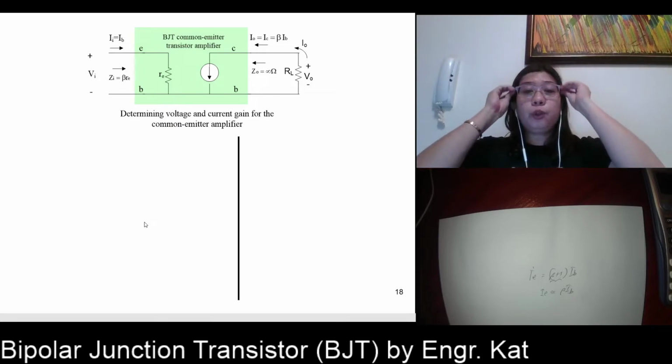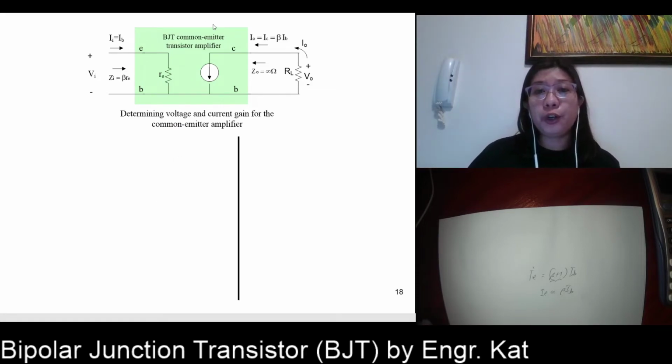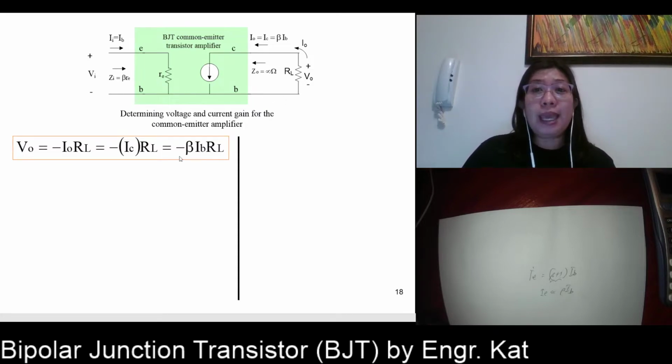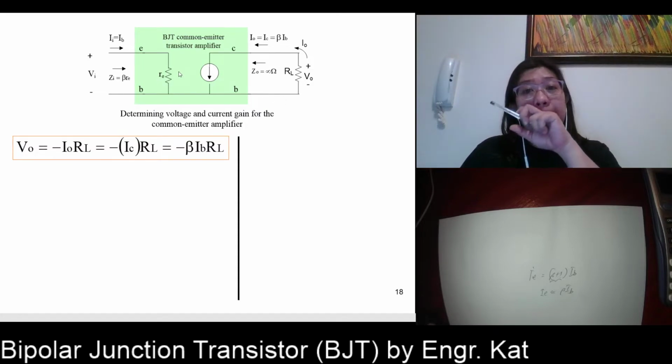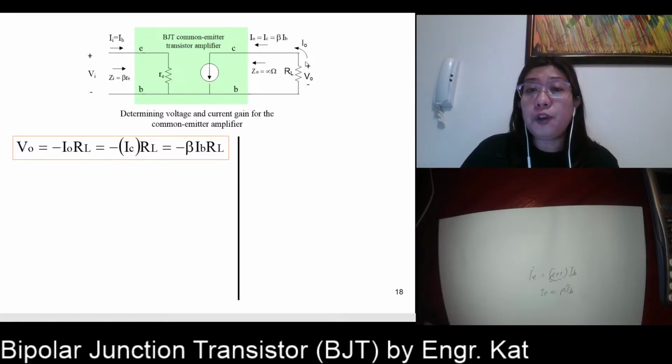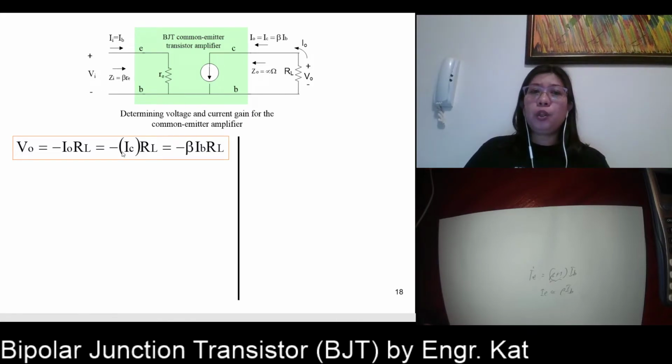Okay, so determining the voltage and the current gain for a common emitter amplifier. So what is your VO? Again, the same like our common base configuration, we have a negative IO here because it is opposite in polarity to our VO. So you have your IO multiplied by RL. The difference here is we no longer have a negative IC here.